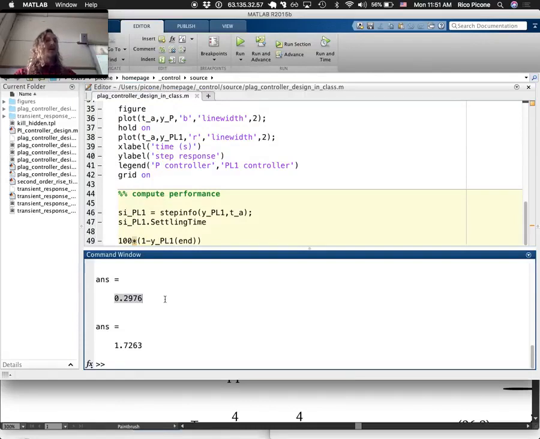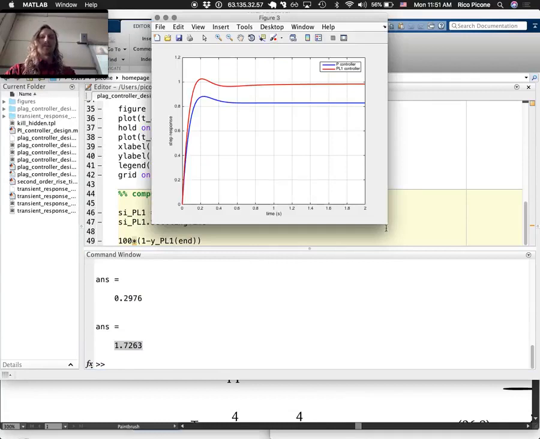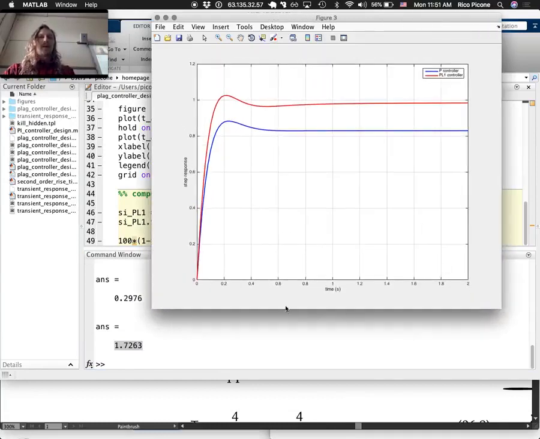Settling time is now less than 0.4, okay? So 0.297, and our steady state error is 1.7%, which is less than 1.8, so we met that spec too. So that would be our controller design that would meet the spec pretty well.